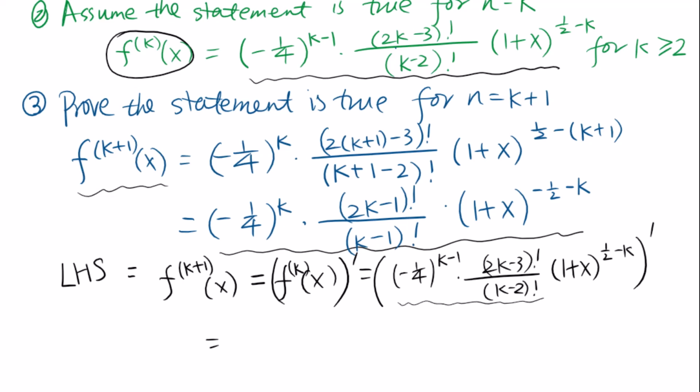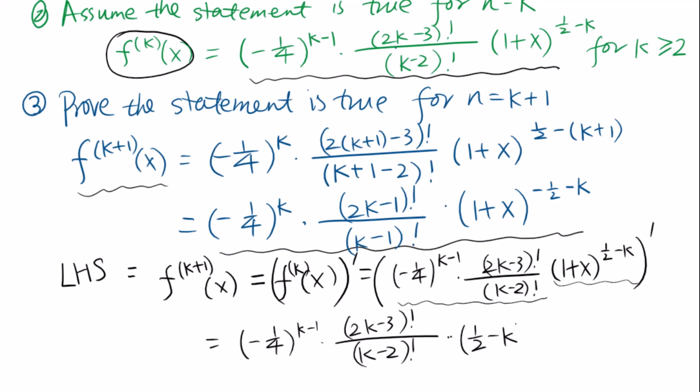This is a coefficient we bring down, then times power rule: 1/2 minus k times (1 plus x) to the 1/2 minus k minus 1 power.